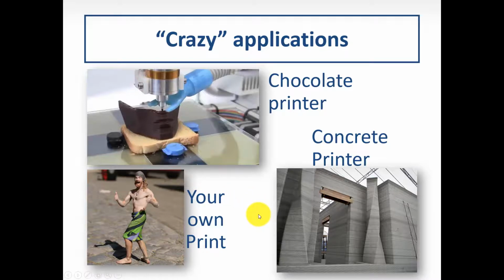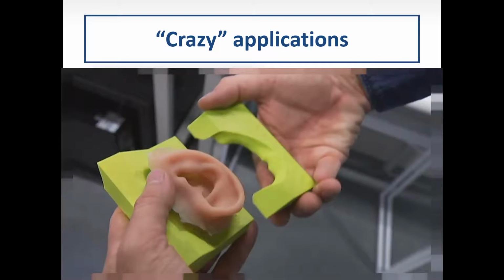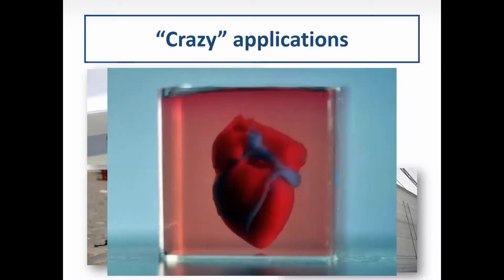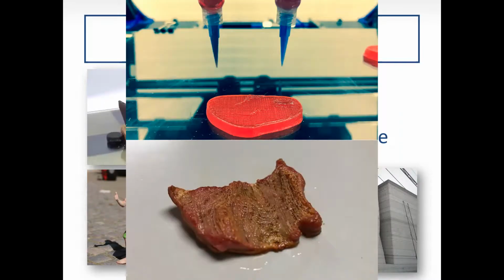There are more applications. You can also use mother cells, by the way, and then you can print ears, organs, hearts, a steak. How about that? And why not? Maybe a pizza in the future.